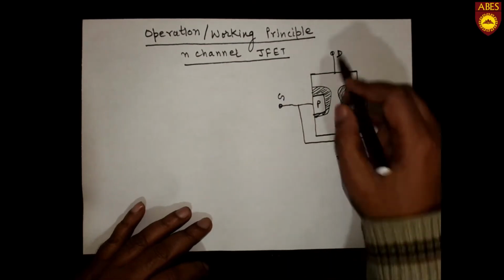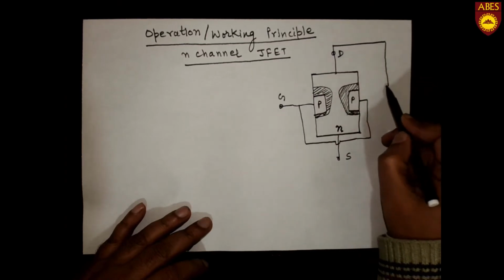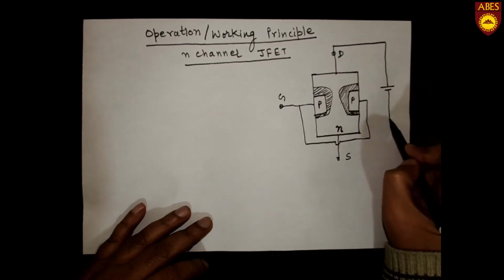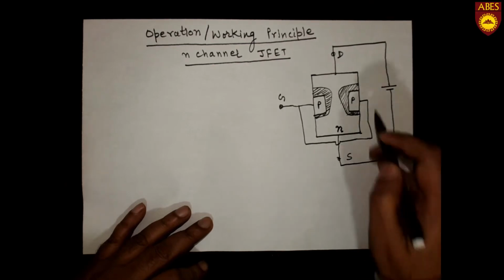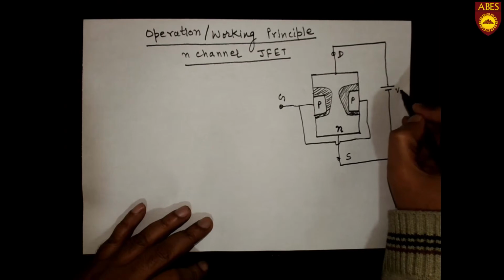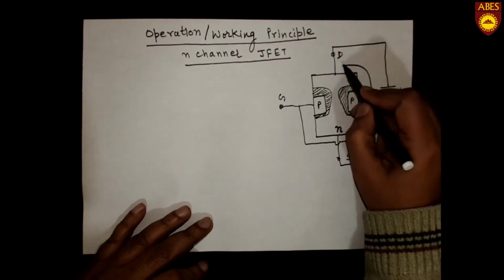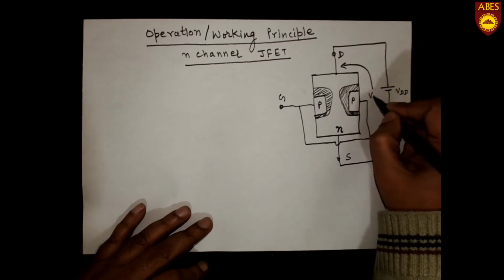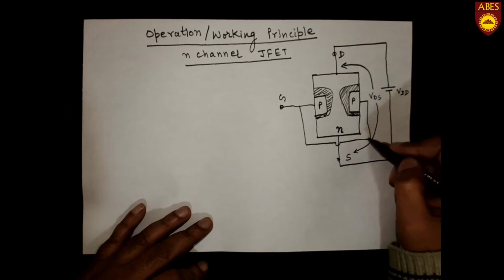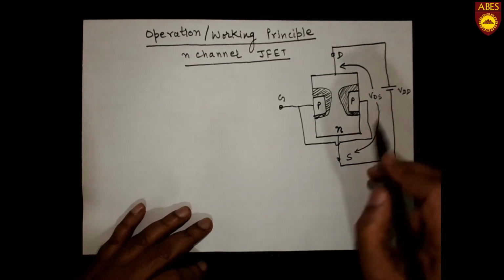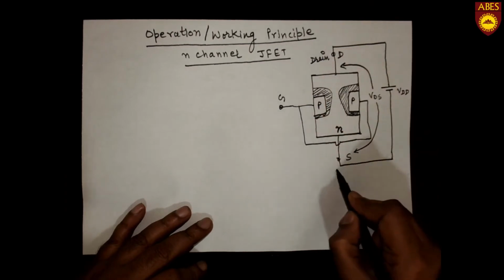So when we apply a battery to the drain and source terminals, this battery is called VDD, and the voltage it establishes is called VDS, that means the voltage between drain and source.